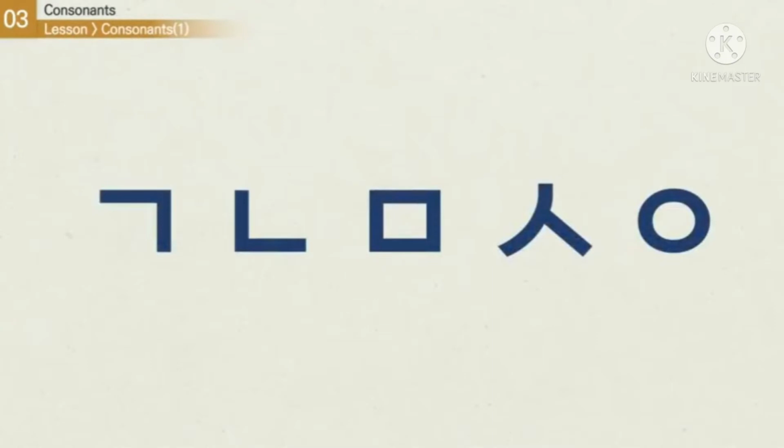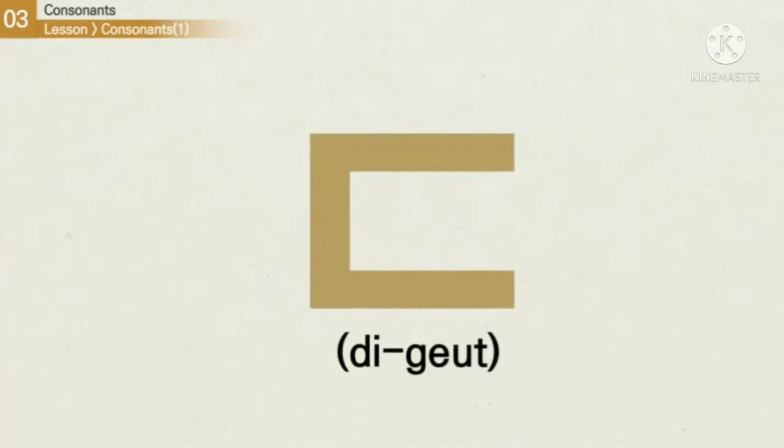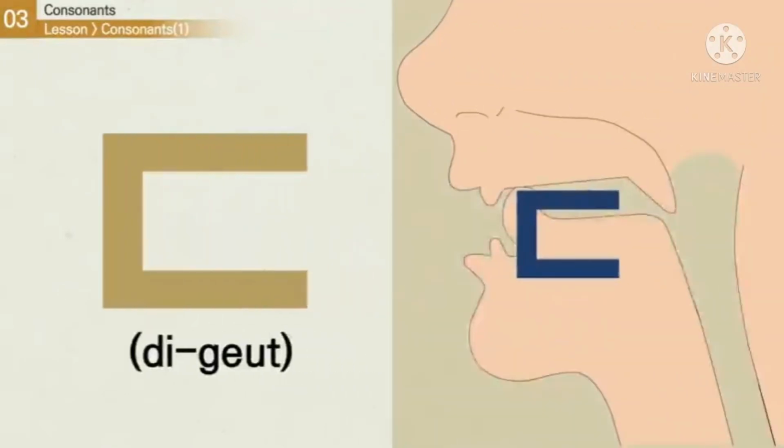Now, let's find out how we can make new consonant characters based on the ones we just learned. First, if you take the character 니은 and add a line on top of it, it makes the character tigut. Like 니은, tigut requires you to place the tip of your tongue against your upper teeth.